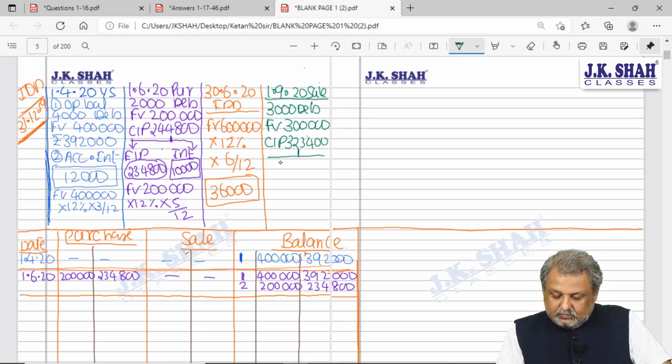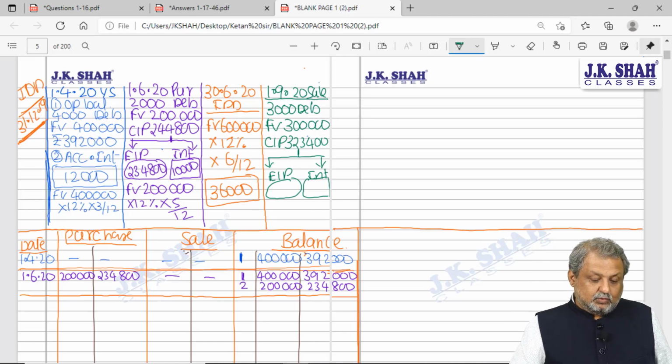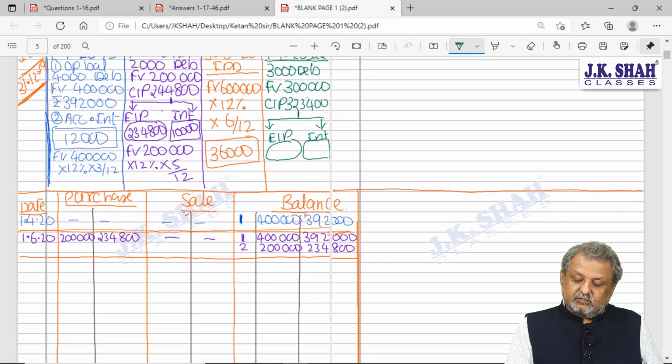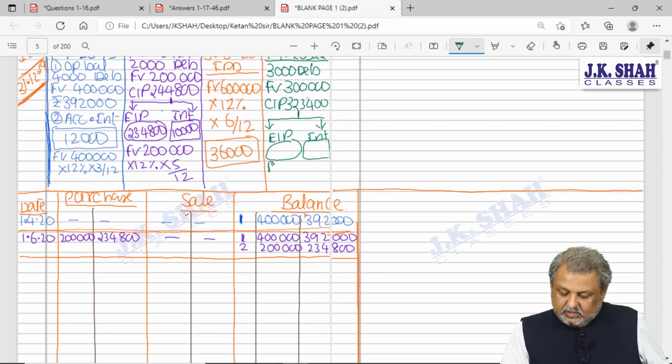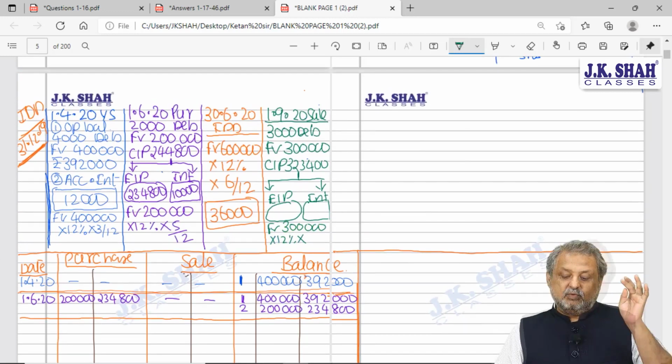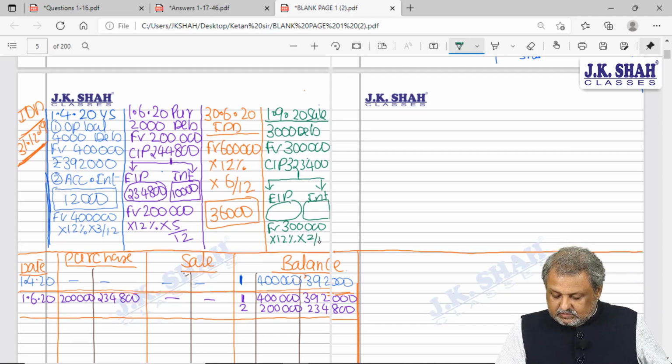Break up into 2: EIP and interest. So interest you calculate, EIP balancing figure. On face value 3 lakhs at 12%, but from 30th June to 1st September, you should not take September, only July and August, 2 months.